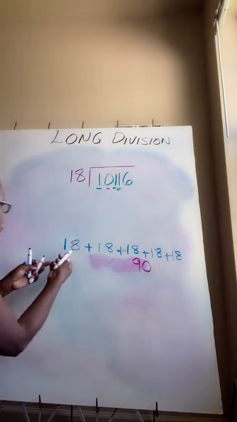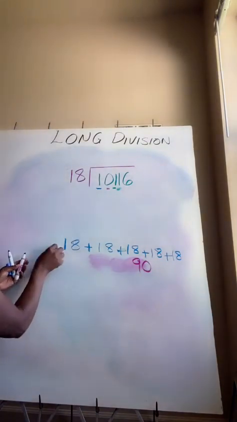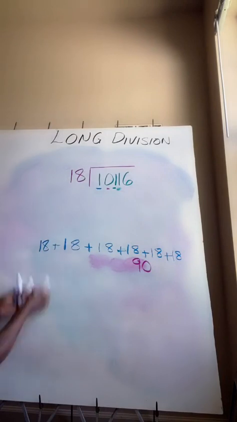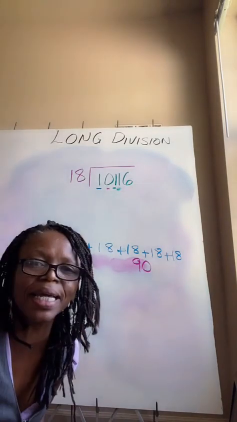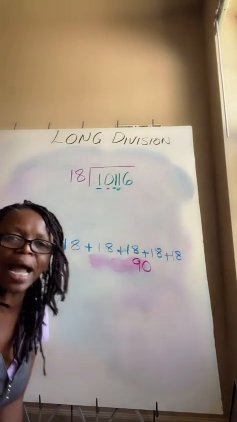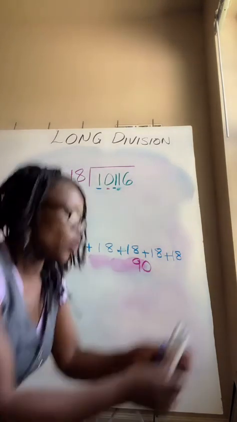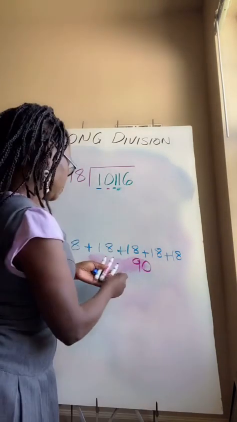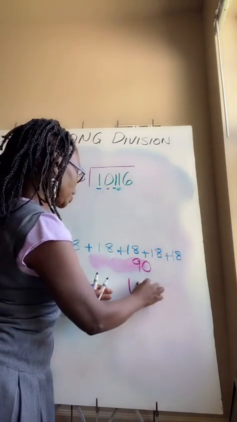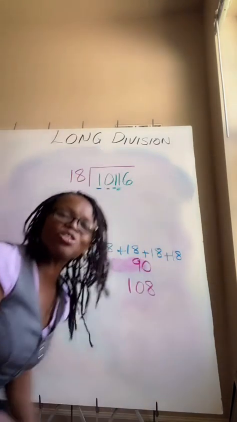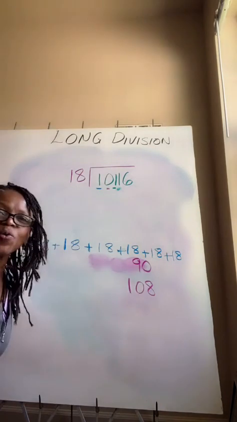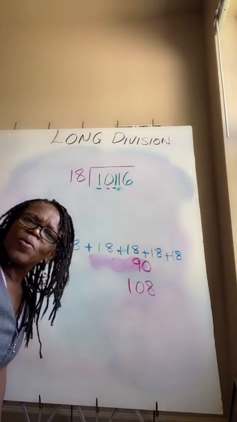I'm adding another 18. I added another 18. What is it? 108. I did this for our friends who don't like to multiply.